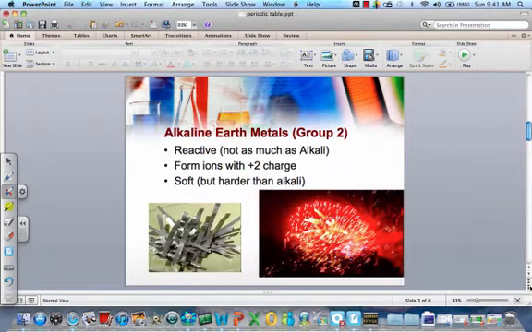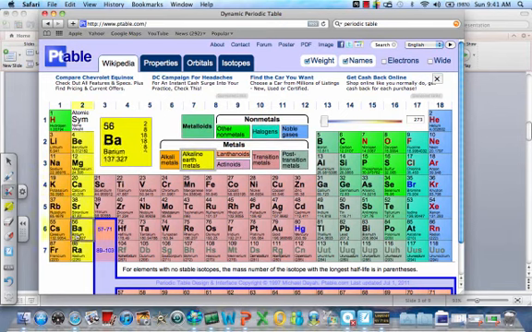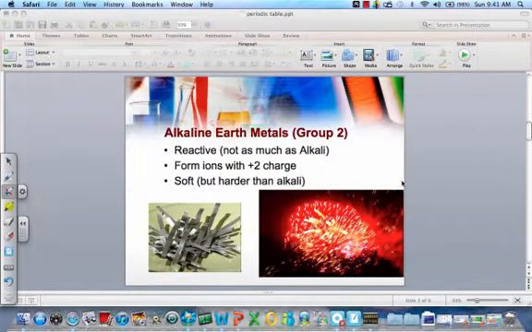Alright, so the alkaline earth metals, that's just one column over in group 2. So this is group 2 right here, the alkaline earth metals. They have a lot of the same characteristics, it's just not quite to the extreme. So they're very reactive, but they're not as reactive as the alkali metals. They'll form ions with a +2 charge.